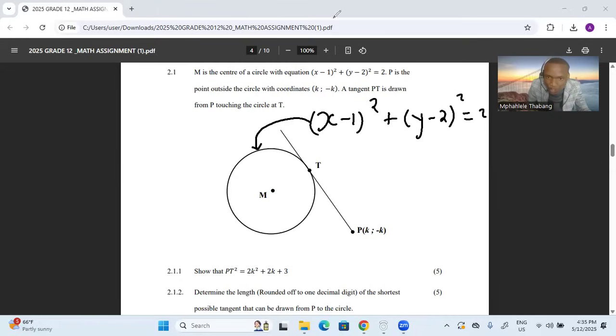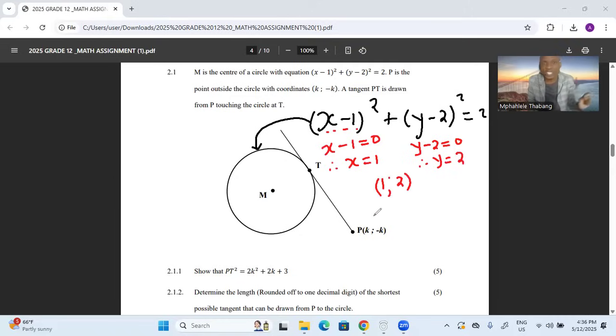How? If we take this x minus 1, equate it to 0, and solve for x, our x is 1, and take y minus 2, equate it to 0, and solve for y, y is 2.